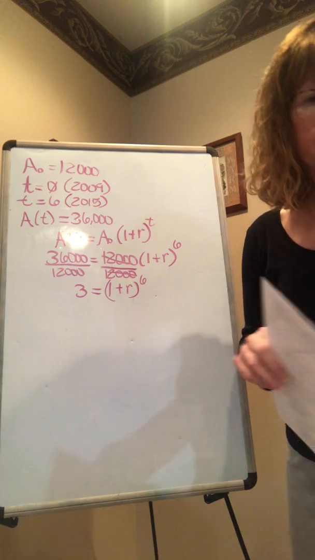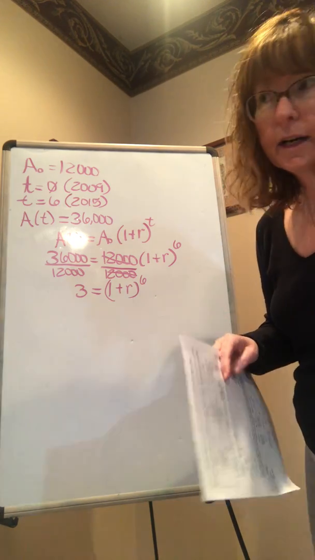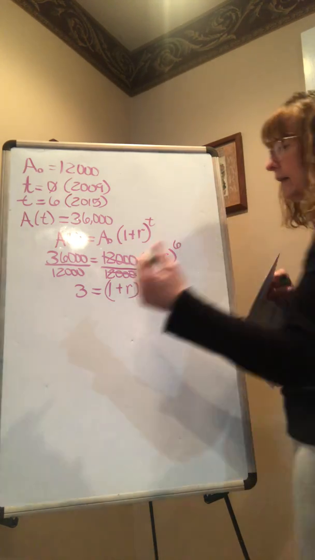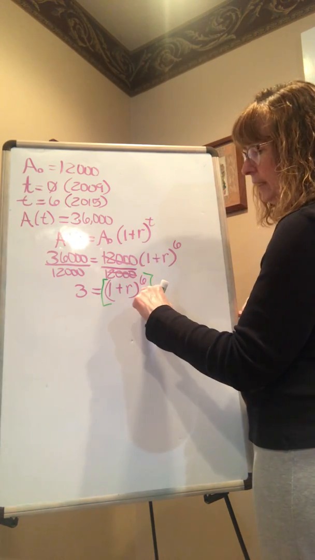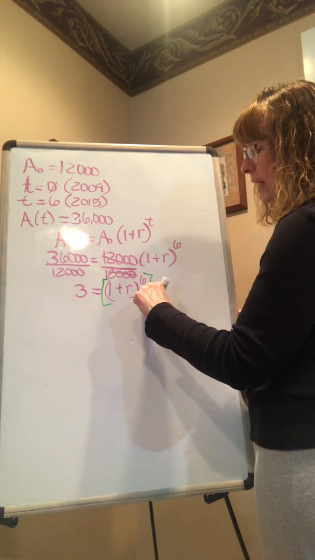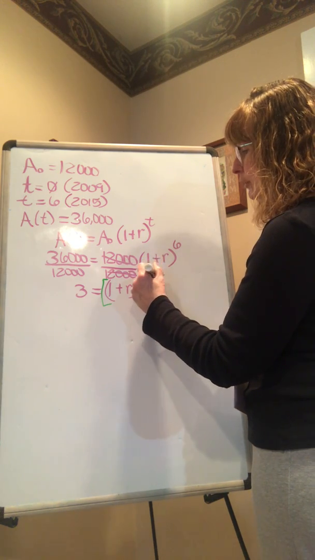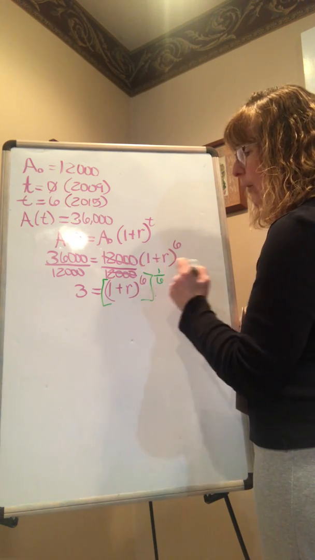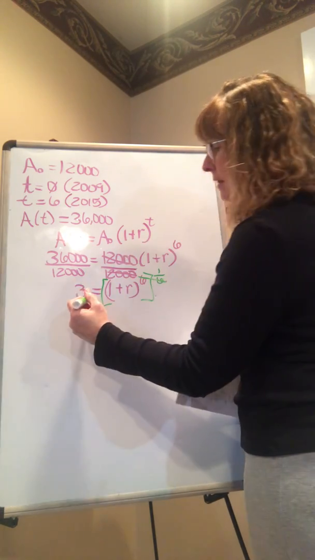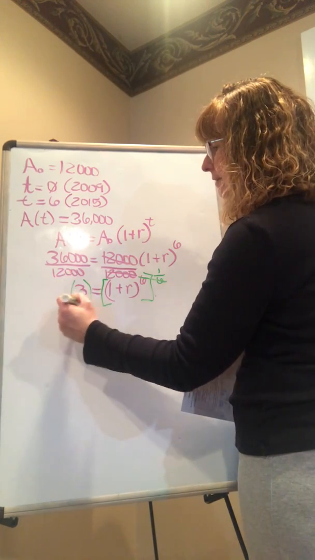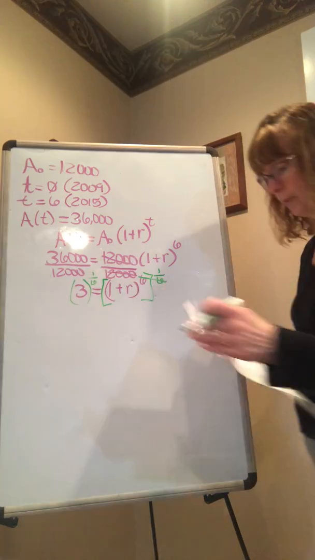Couple of ways we can do it. I think the easiest way to look at it, in my mind, hopefully yours as well, is the multiplicative inverse using the power rule. Take this exponent, raise it to its reciprocal, power to power, multiply, cancels out those 6's right away. Then I'm going to raise this side to the 1/6 power.